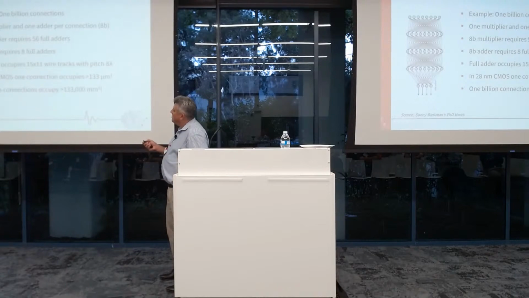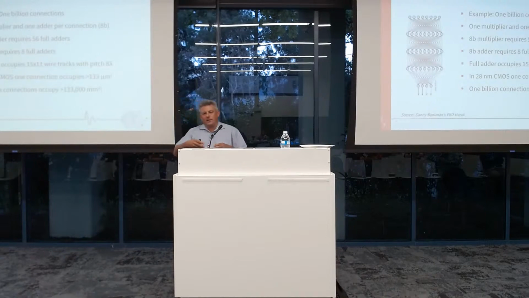Assume per connection you have one multiplier and one adder. I'm even sweeping some other stuff under the rug: I'm assuming there's no memory, and I'm hard coding the weights between VDD and VSS. That's completely bad, but let's say I did that.